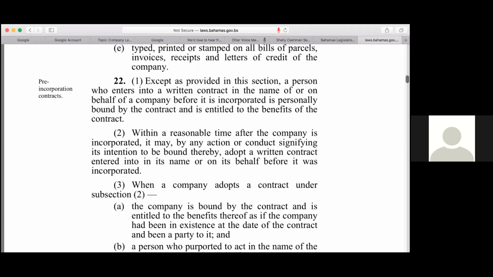Remember, the company is not incorporated. He can, if he wishes, put a clause in that contract stating that he is not bound by the contract, or that he is not entitled to any benefit from the contract.